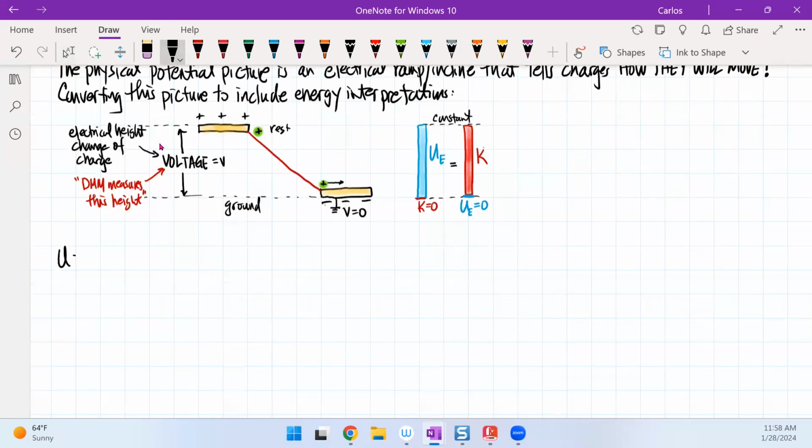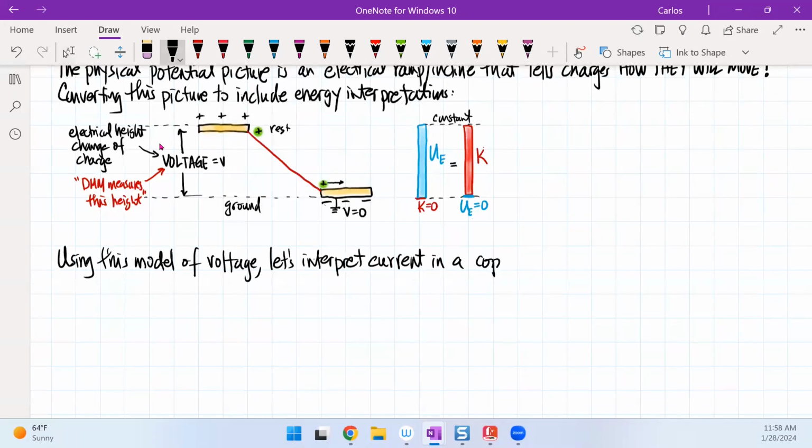So using this model of voltage, let's interpret current in a copper wire.